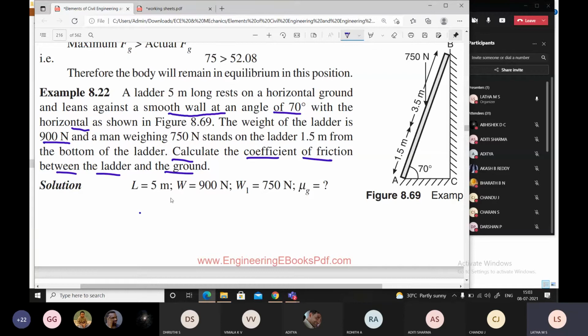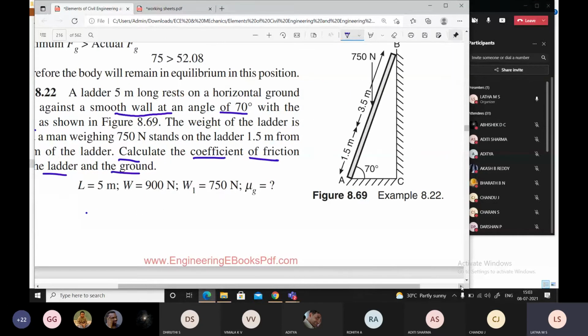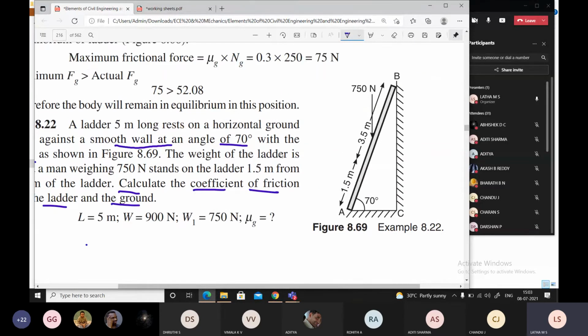Written, students? Yes, written. Now please draw the diagram. This diagram has a little error in the drawing. This 750 Newton should be here, at this point, sorry.